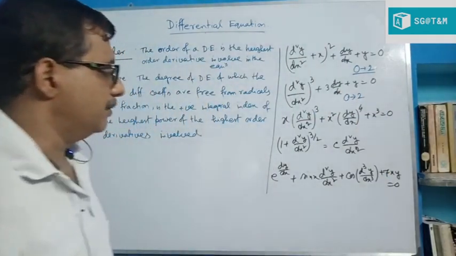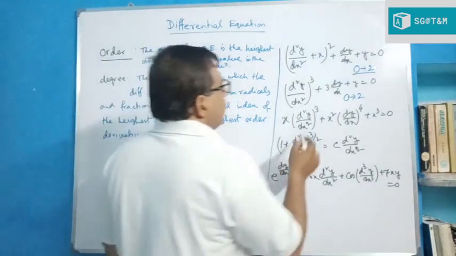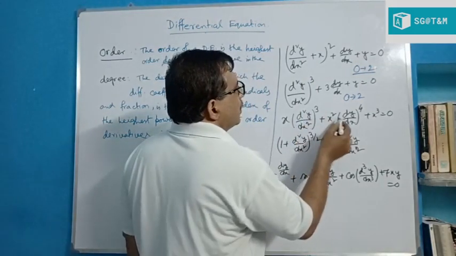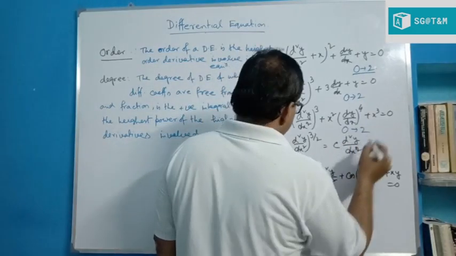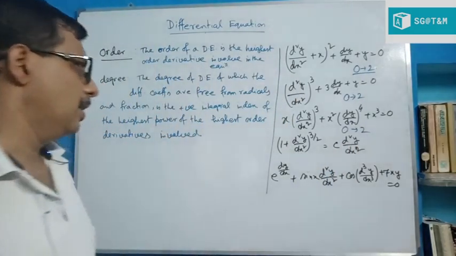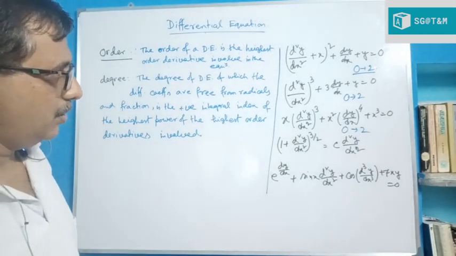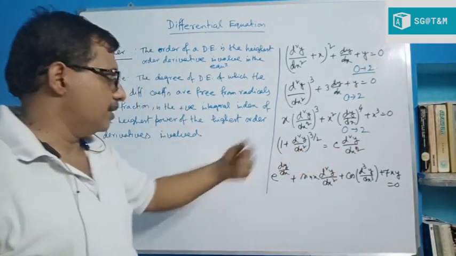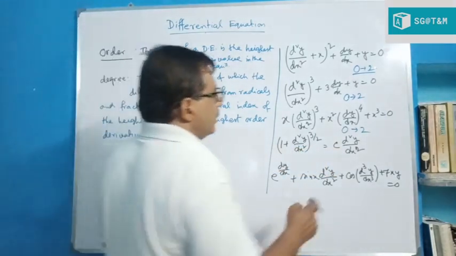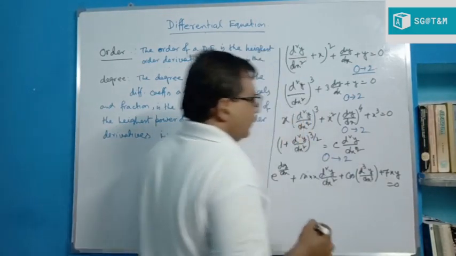And the third equation is similarly of order 2. The highest order derivative present here is second order, this is first order, so the order is again 2. This one: 1 plus (d2y/dx2) whole to the power 3 by 2 is equal to c into d2y/dx2. In this case this is also a second order derivative, so the order of this differential equation is 2.